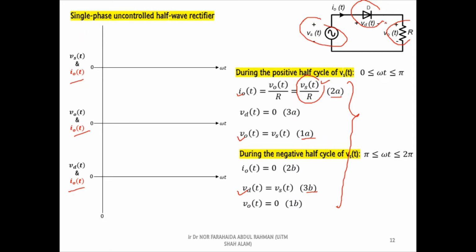Since all parameters are related to the supply voltage, we start the sketch by drawing the supply voltage waveform using its general equation. Based on the equation, the shape of the AC supply is a sinusoidal wave shape with an amplitude of Vm.